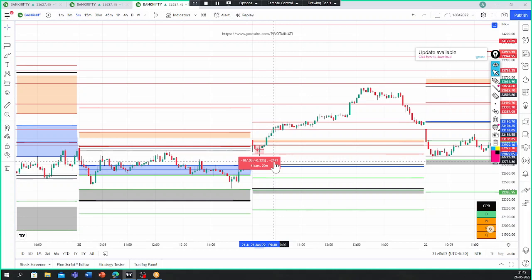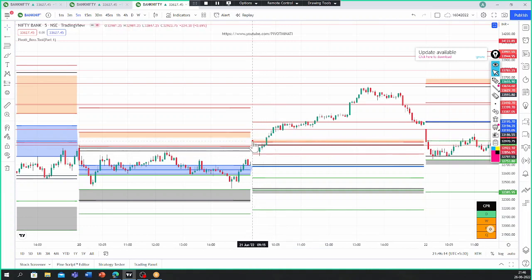What will you do? You will be worried and you may square off the trade and book the loss, or you will wait for the trade to go in your favor, and sometimes people fight with the trade. So you have to wait for the discount. This is what is called discount price.